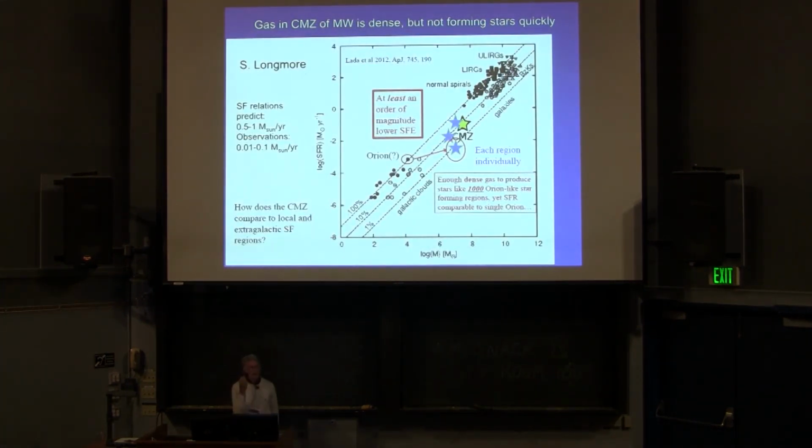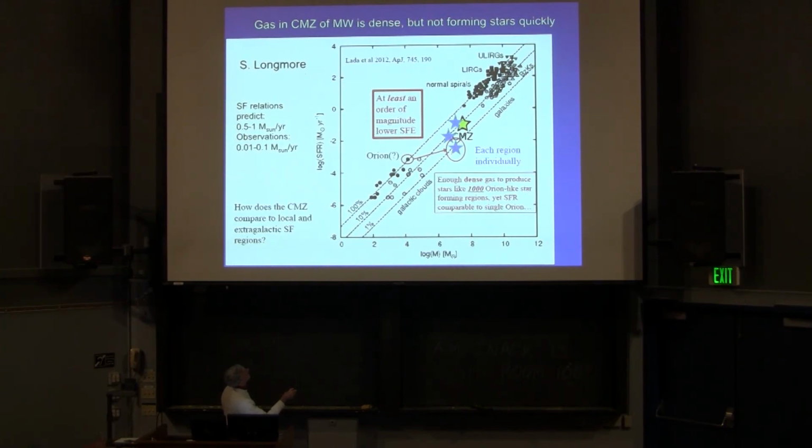This is from Steve Longmore, who's been looking at this situation carefully. The gas in these clumps in the inner part of the galaxy is very dense. It should all be well above these local thresholds. And yet, this particular region, this brick, is not forming stars quickly. So if you look at the different relationships here, here's Orion, for example. And this region over here, this is the brick.